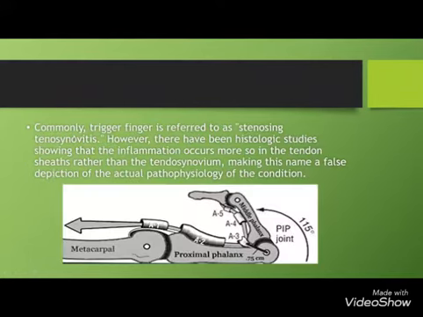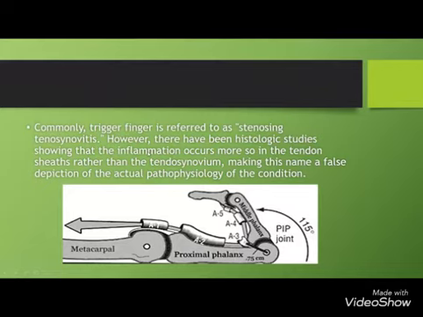Okay, commonly trigger finger is referred to as stenosing tenosynovitis. However, there have been histological studies showing that inflammation occurs more so in the tendon sheath rather than the tenosynovium. Tenosynovium is a fluid-filled sac-like structure, right?